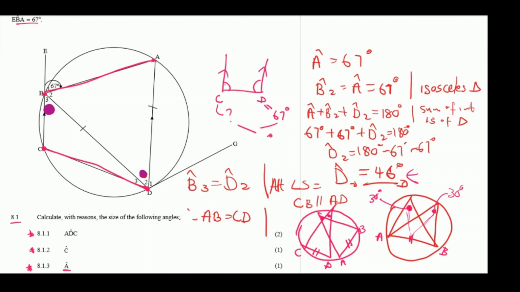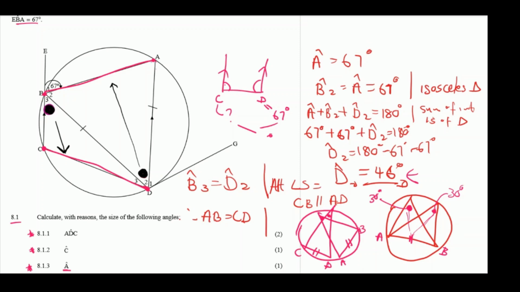So same applies with here. We're having this B3, which has an equal angle to D2. So the mere fact that they share equal angles, it means that angle D2 will produce a side of AD, and angle B3 will produce a side of CD.